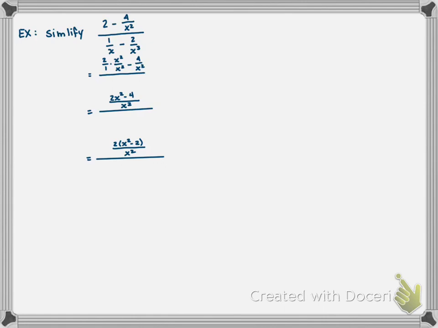I just put it in the numerator of a fraction. And then same thing in the denominator. We're just doing the same exact subtraction problem that we just did. I'm just putting it in the denominator of a fraction.